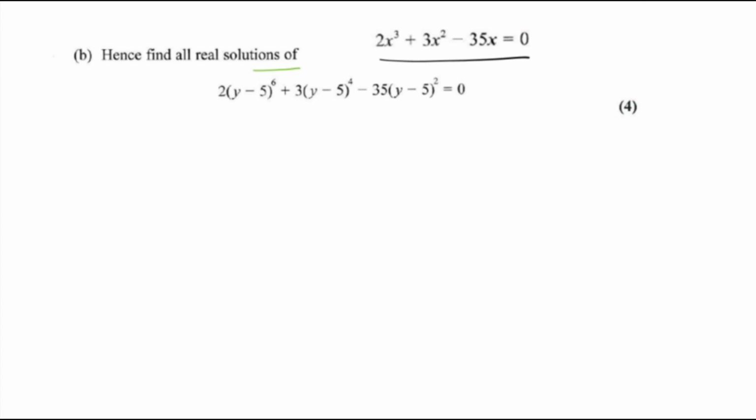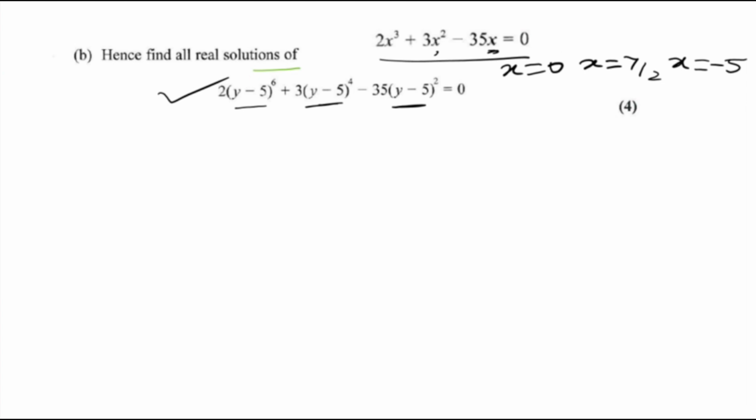Now here we know from before we have three solutions, x is equal to 0, x is equal to 7 over 2 and x is equal to minus 5. By using this, I have to find the real solutions of this equation. Now when I compare these two, I can see y minus 5 squared is my x, y minus 5 to the 4 is my x squared and y minus 5 to the 6 is my x cubed.